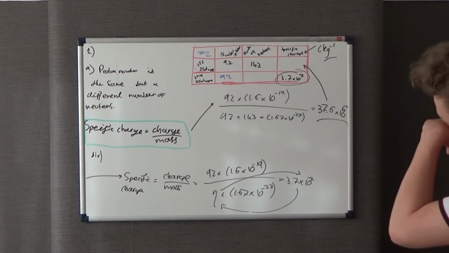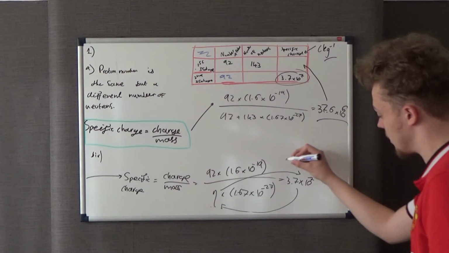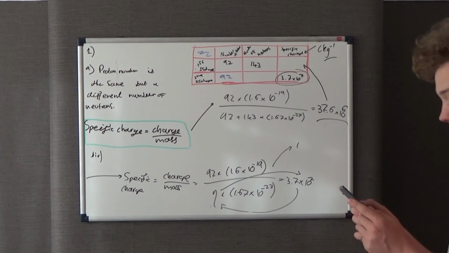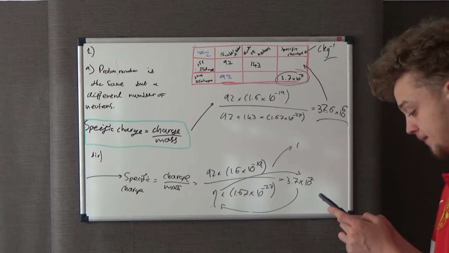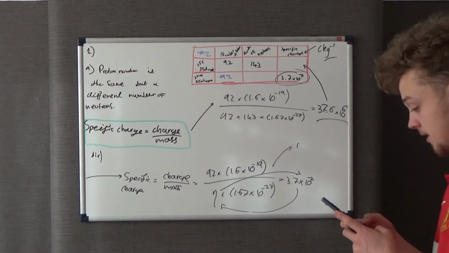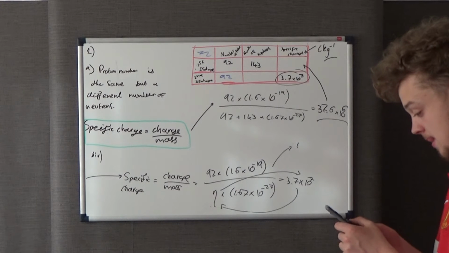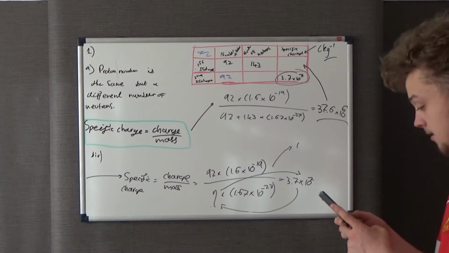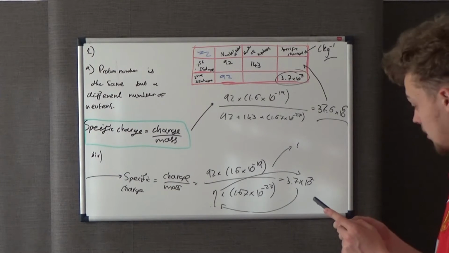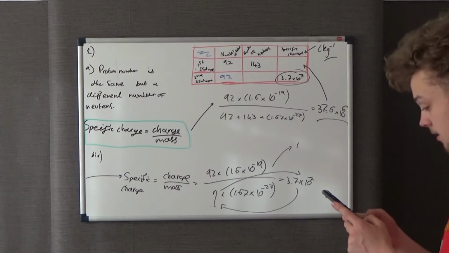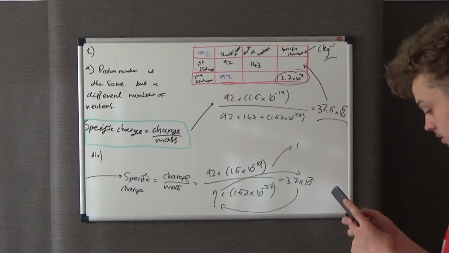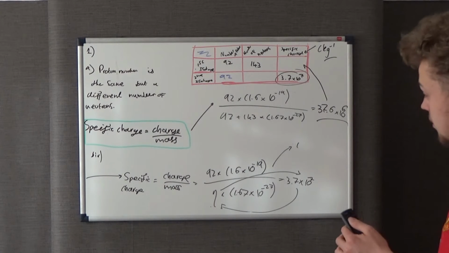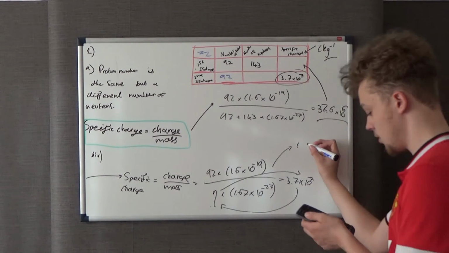So then what you end up with is, let me redo this, 92 times 1.6 times 10 to the minus 19, over your 3.7 times 10 to the 7 times your 1.67 times 10 to the minus 27, and it gets you 238.